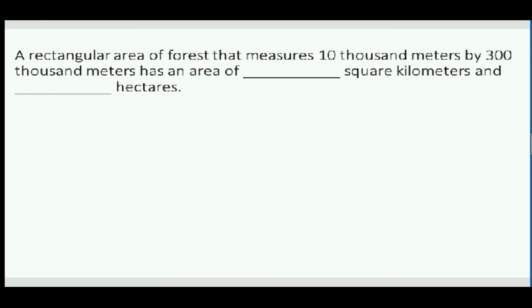Okay, a rectangular area of forest that measures 10,000 meters by 30,000 meters has an area of how many square kilometers and hectares. So I'm going to go ahead and do that math for you.